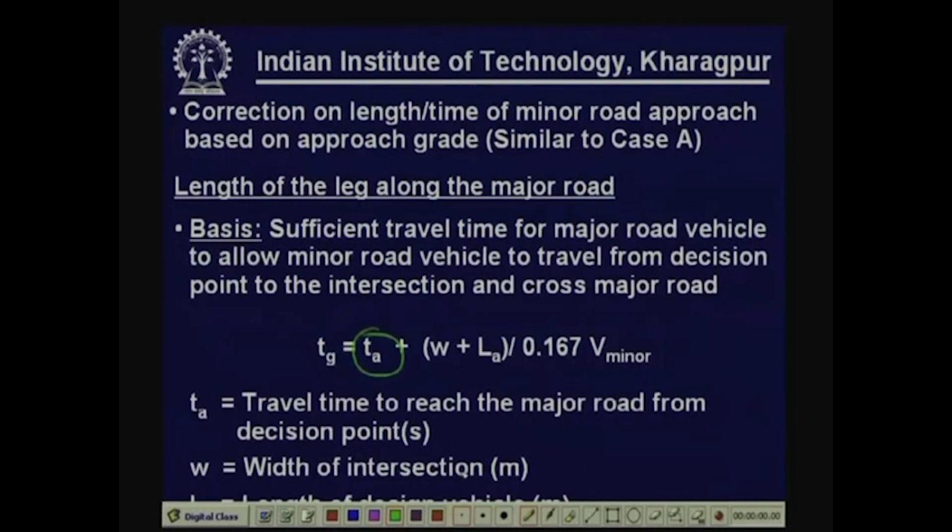W is the width of the intersection and LA is the width of the approach. So, this is to be covered, how much time it will be required divided by the speed. Normally we use 0.278 V minor, but here the speed is reduced to 60%. So, 60% of 0.278, that is why 0.167.